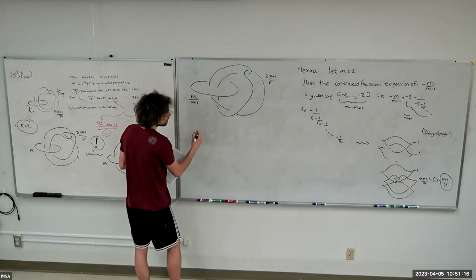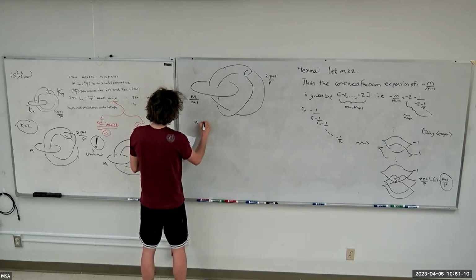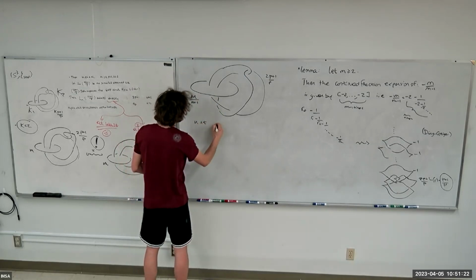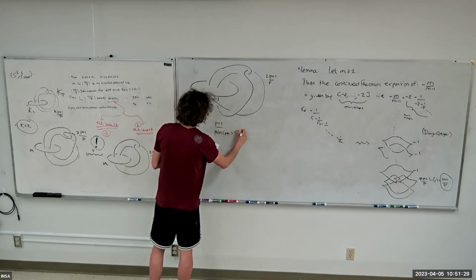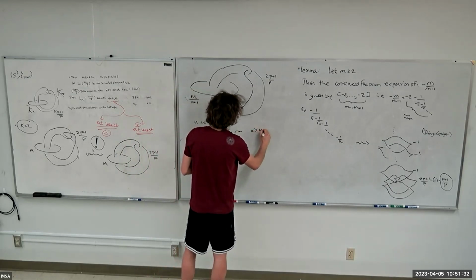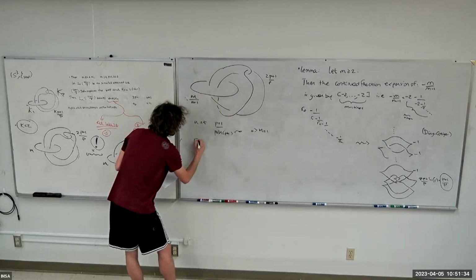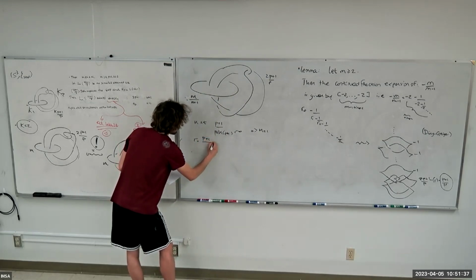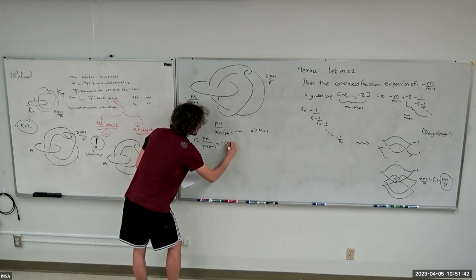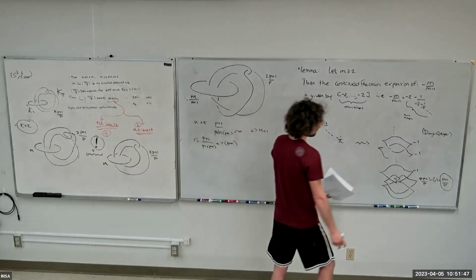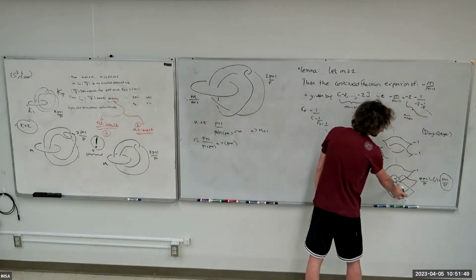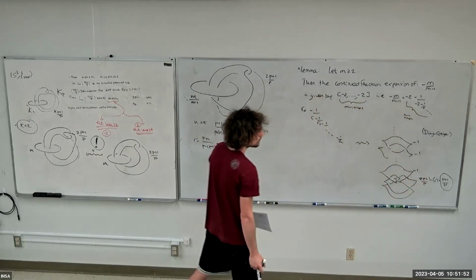So I take the minimum n such that p plus 1 over p minus n times p plus 1 is less than 0, which is just n equal to 1. And now the coefficient is p plus 1 over p minus p plus 1, which is just minus p plus 1. So what I want to do is now transform this portion here into a sequence of plus and minus 1 surgeries.